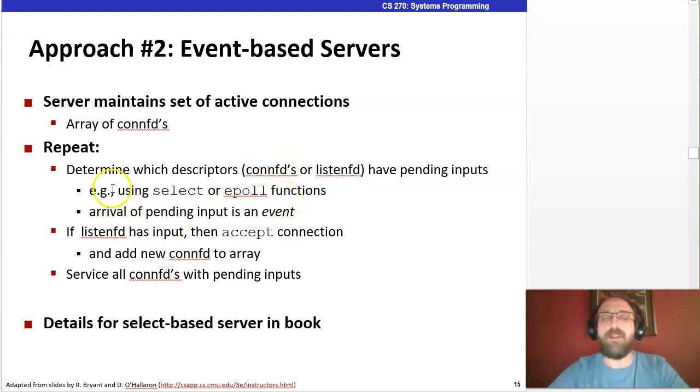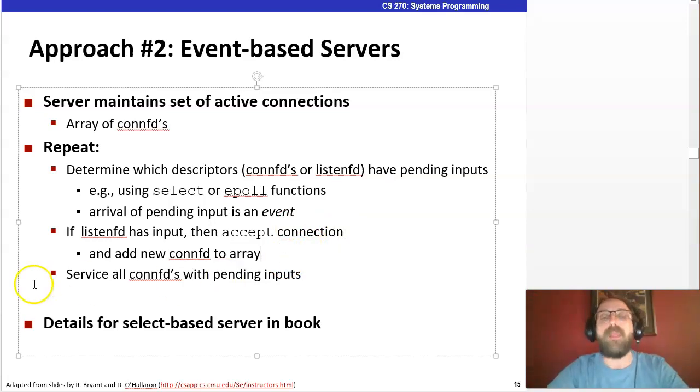When that happens, we will from select or from epoll find out which it was, and then do the appropriate thing. If it was a listening file descriptor, then we call accept. Gives us a new connection, a new connected file descriptor. We stick that onto the array, and we keep going.